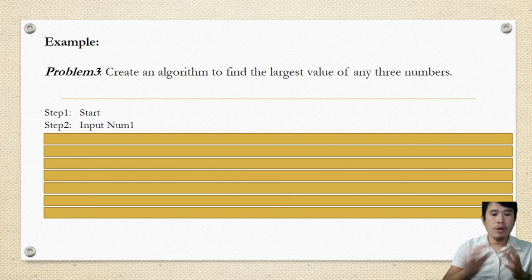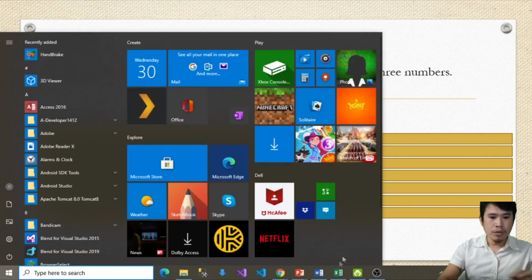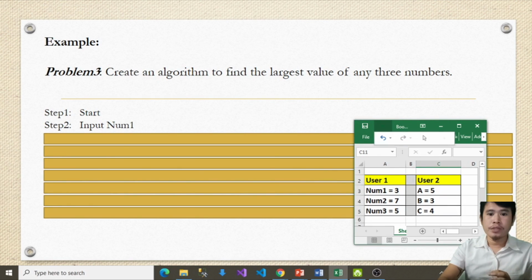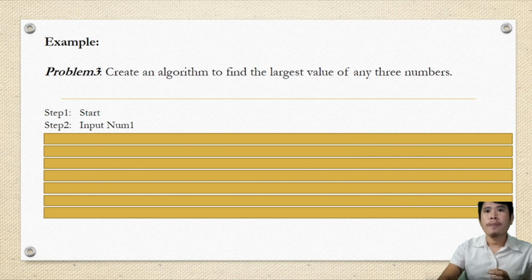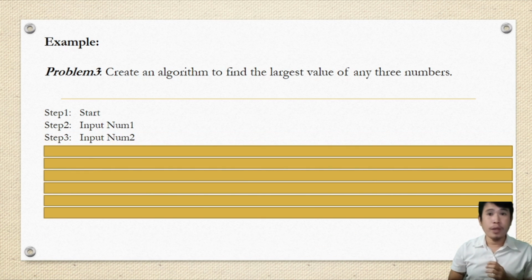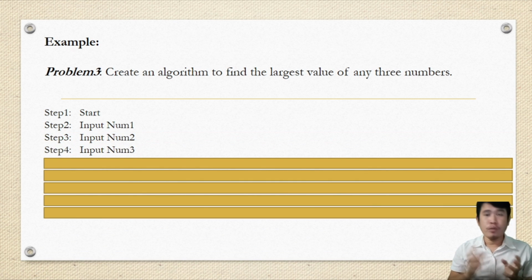So we input also the 3 numbers like we use on previous algorithm. Okay, input num1, then input num2, then input num3.